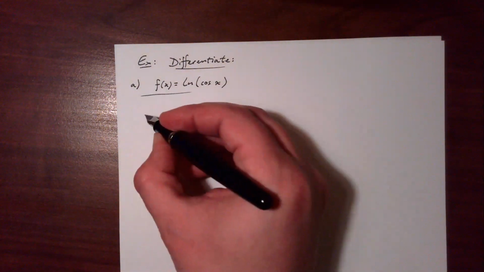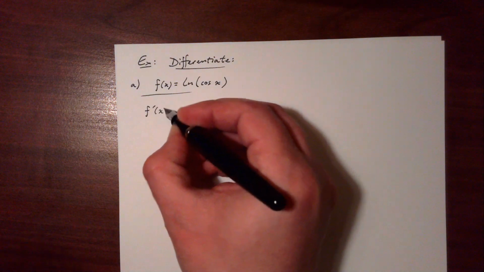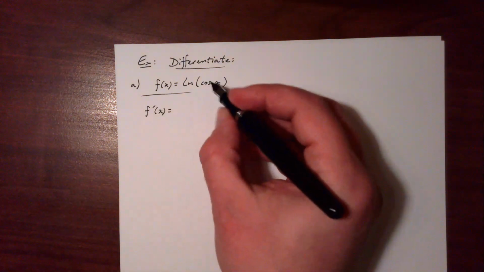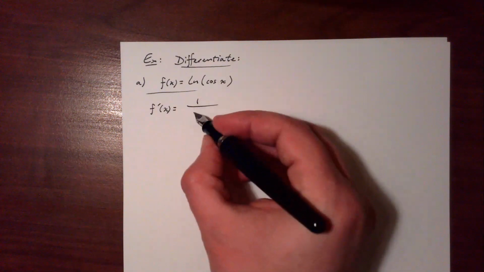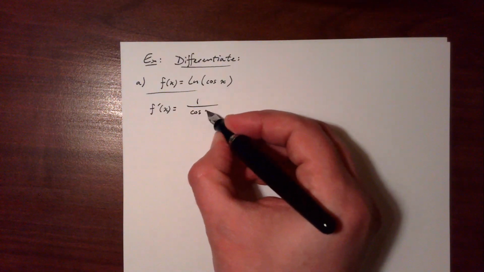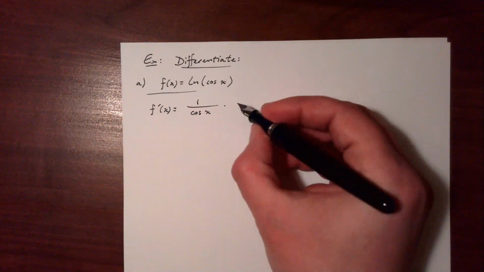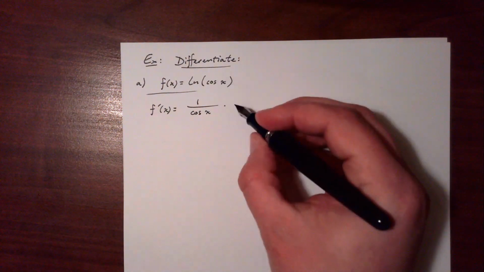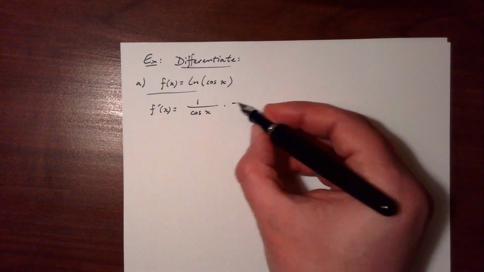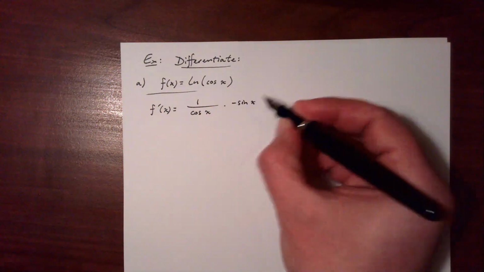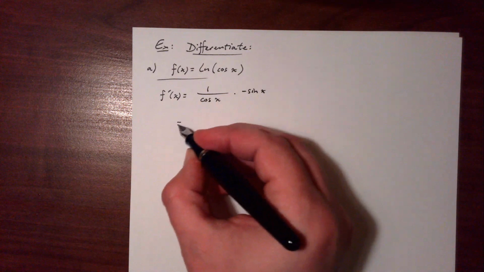So f prime of x is equal to the derivative of the outside, which is 1 over, and then you put the inside in, times the derivative of the inside, which is just going to be negative sine x. So it's just chain rule.